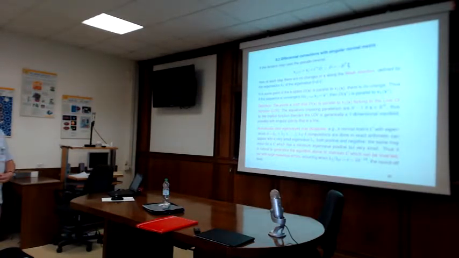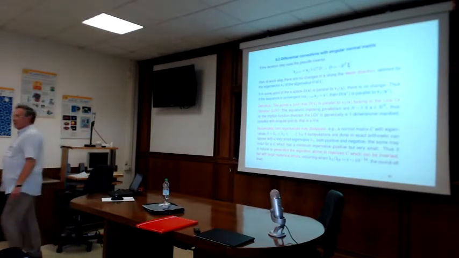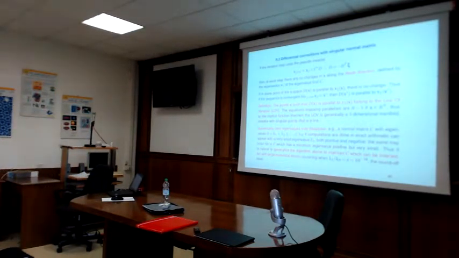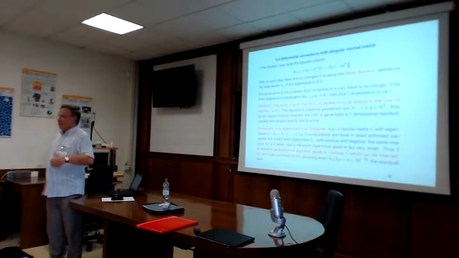This happens when the conditioning number, which is roughly speaking the ratio between the largest and the smallest eigenvalue, is of the order of the machine relative error of rounding off. So if the ratio between the eigenvalues is 10 to the 16, practically you cannot invert the matrix.